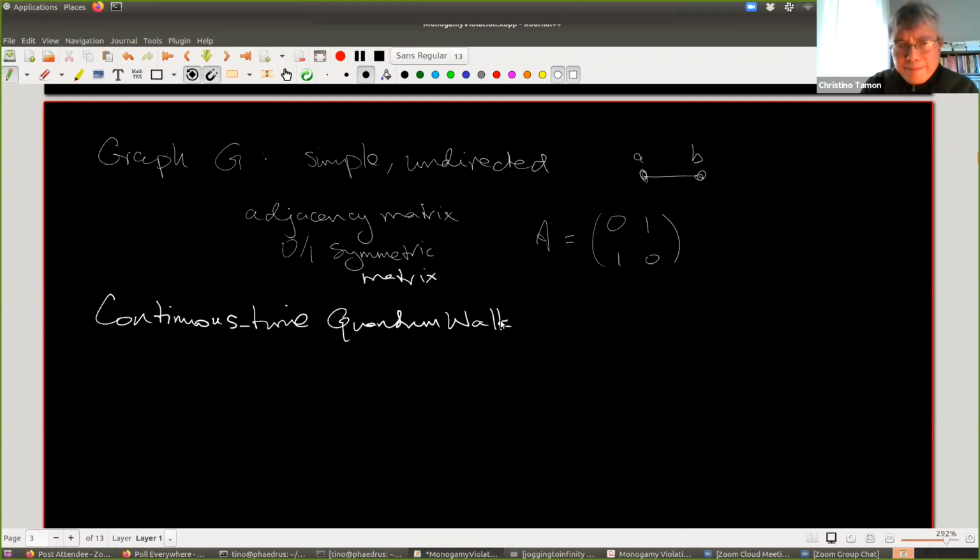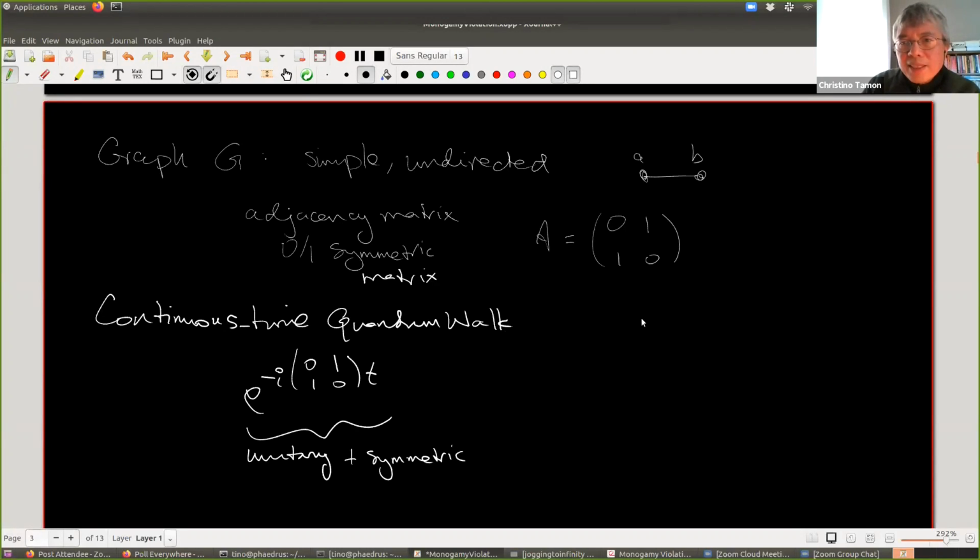Essentially, what we like to analyze here is a process that takes the exponential of this matrix. So this matrix is unitary and symmetric as well. It has complex entries, but it is unitary and symmetric.